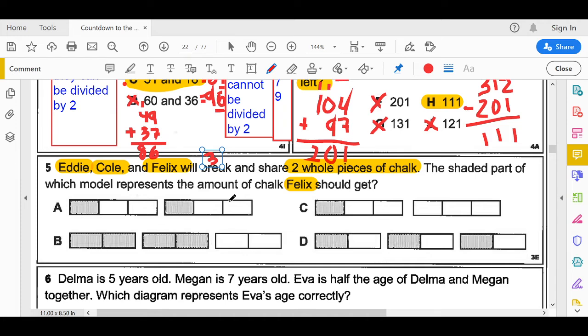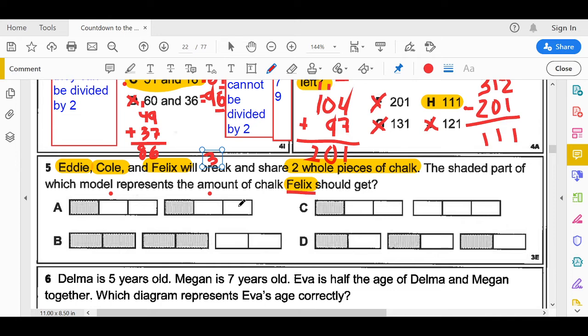And now let's check which model represents the amount that one person, in this case Felix, is going to get. Okay, so what I do here, amigos, is I can see that these 2 parts, 1 and 2, they divided into 1, 2, and 3 on one side, 1, 2, and 3 on the other side.